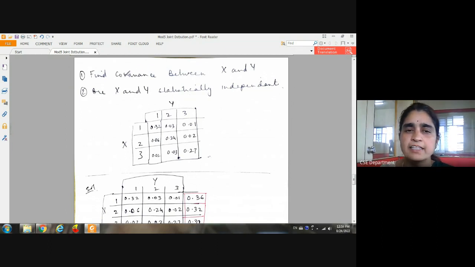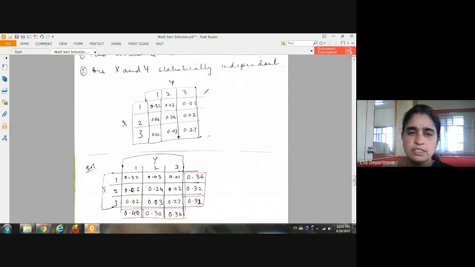Find the covariance between x and y; the table is given. Are x and y statistically independent? You can go through the values, x equal to 1, y equal to 2, like that.